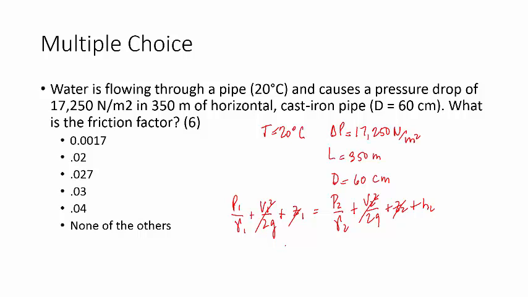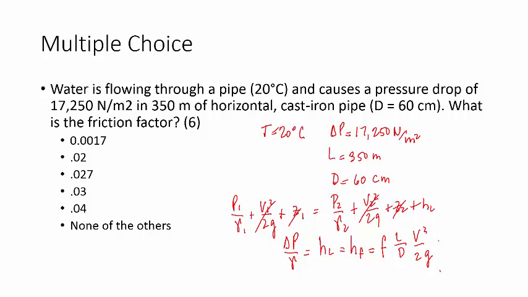So what I have is delta P over gamma. This is the same as my head loss. And remember that the head loss, in this case, is all losses due to friction: the friction factor times L over D, V squared over 2g.